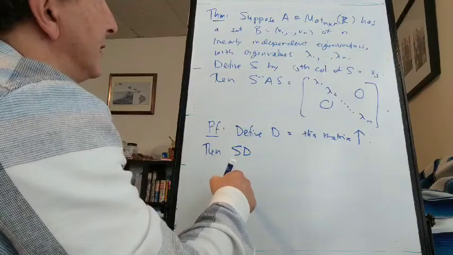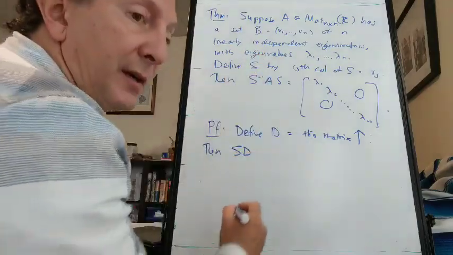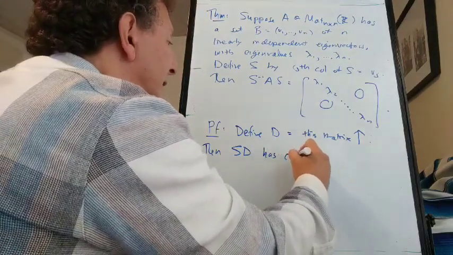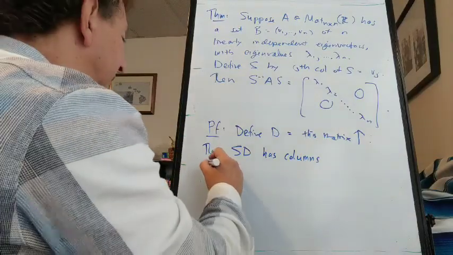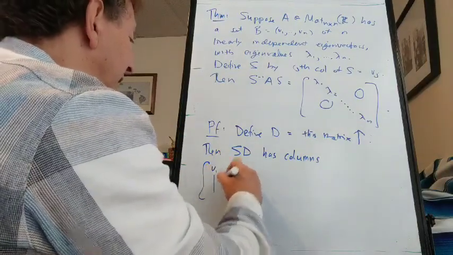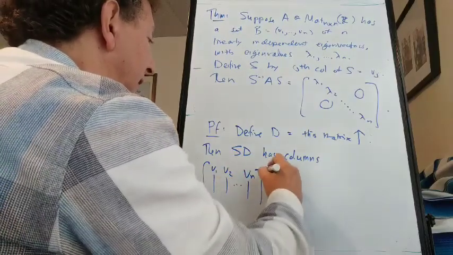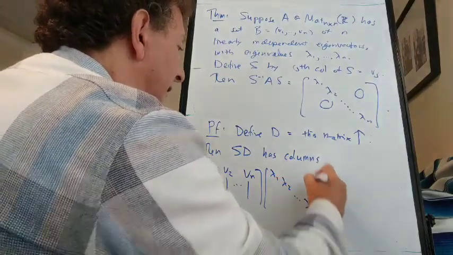Then SD, this matrix of eigenvectors times D, has columns, let's see, S is going to be first eigenvector, second eigenvector up to nth eigenvector. And then D is lambda 1, lambda 2 up to lambda n.